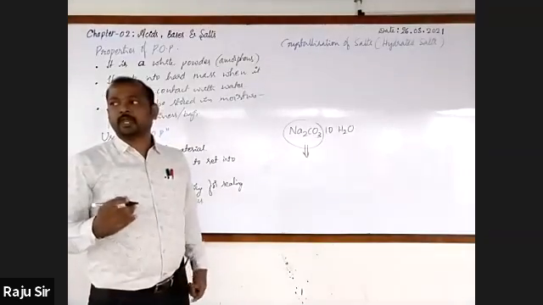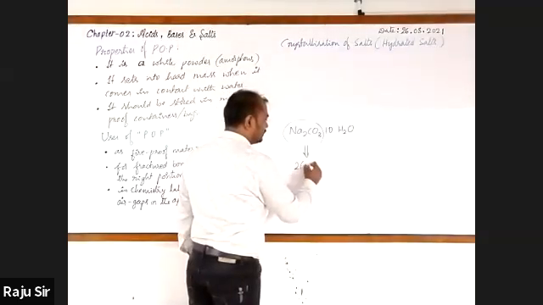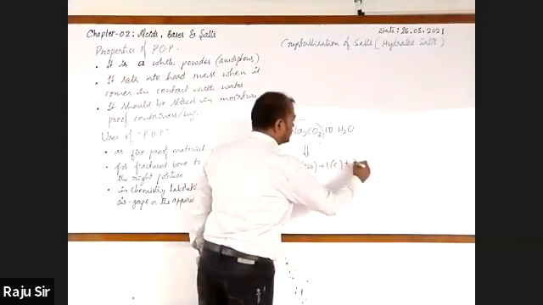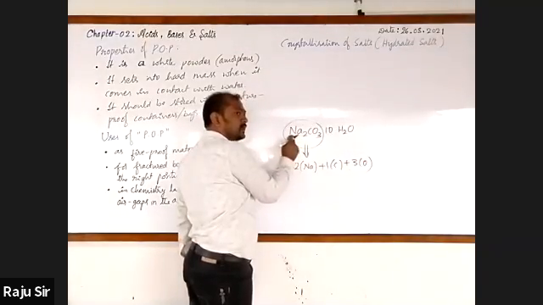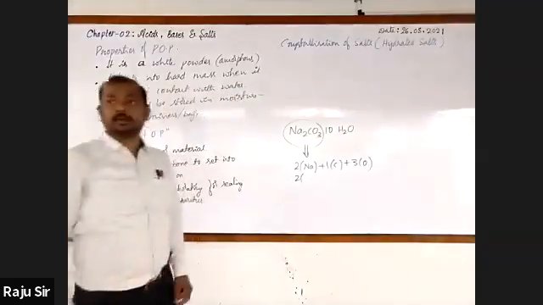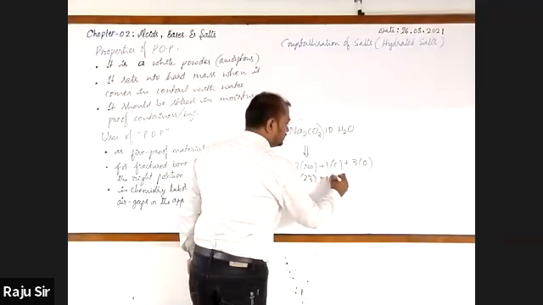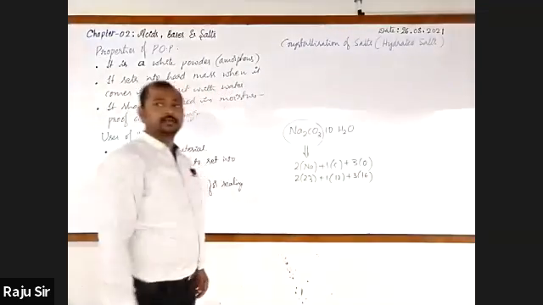We are very familiar with calculating the formula unit mass. Here we have 2 atoms of sodium, 1 atom of carbon, and 3 atoms of oxygen. I'm taking only this salt. Now, what is the atomic mass of sodium? It is 23. Carbon is 12. Oxygen is 16.